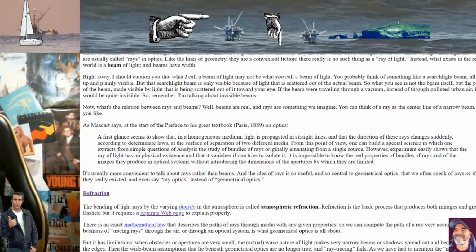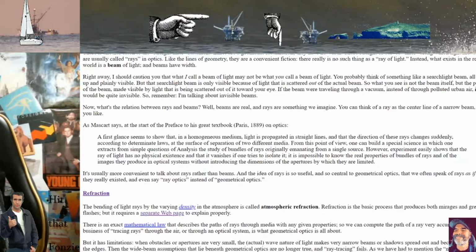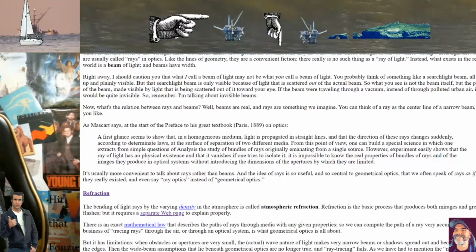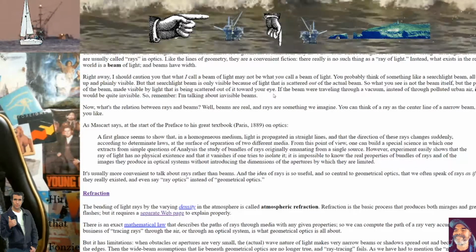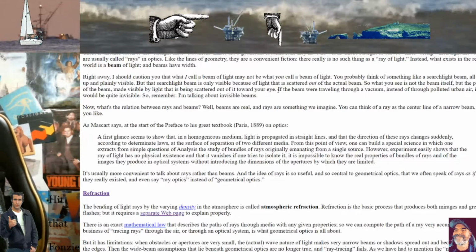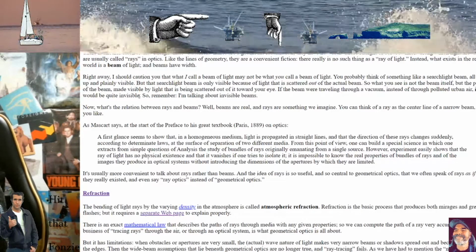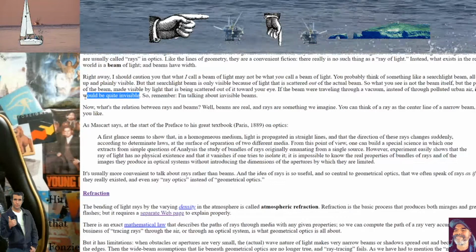So what you see is not the beam itself, but the path of the beam, made visible by light that is being scattered out of it towards your eye. If the beam were traveling through a vacuum instead of through polluted urban air, it would be quite invisible. Again, you can't ever show me this.